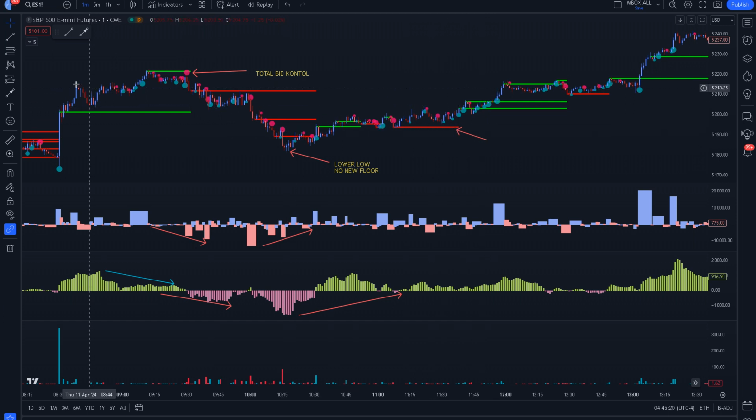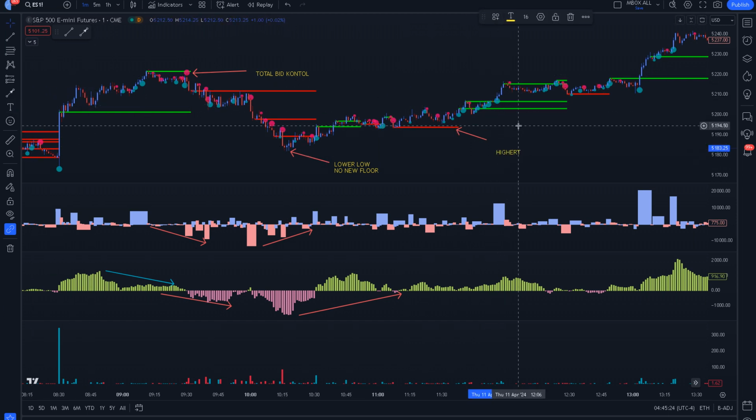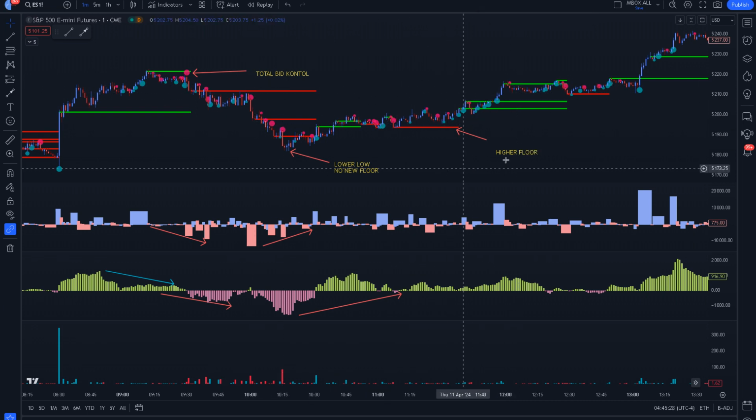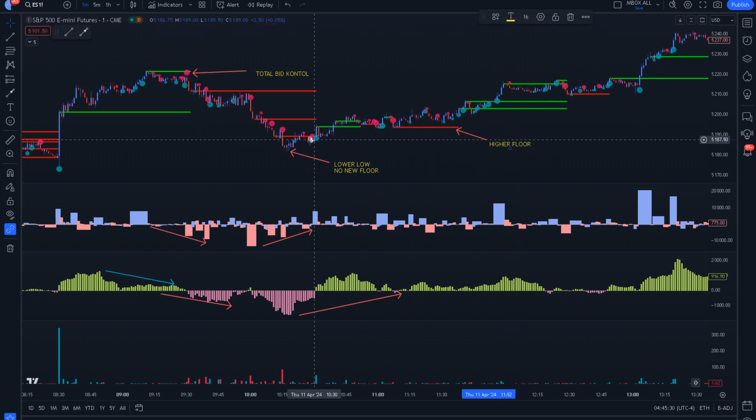So again, this suggests a formation of a trend. Because the last floor was here, we had some floors here. In relation to these floors, this is a higher floor. That's what's obvious, right? We're looking at what's easy to see.